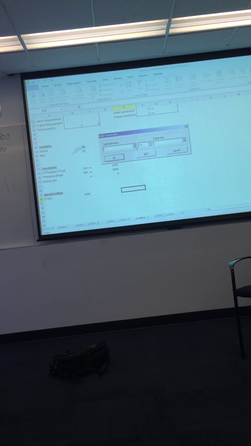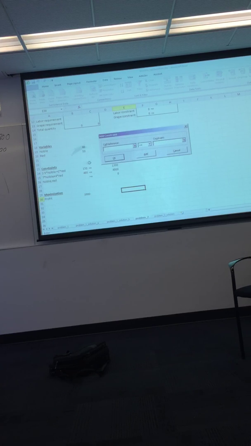And then the cell reference, the first constraint is I want this. This was the total labor, to be lower or equal to this cell, 1300. Then I want also this one to be lower or equal, so I will keep it this way, then 4000.